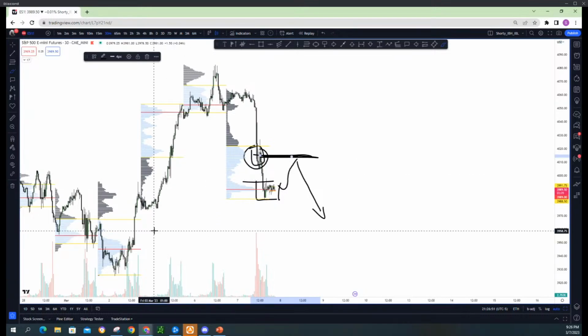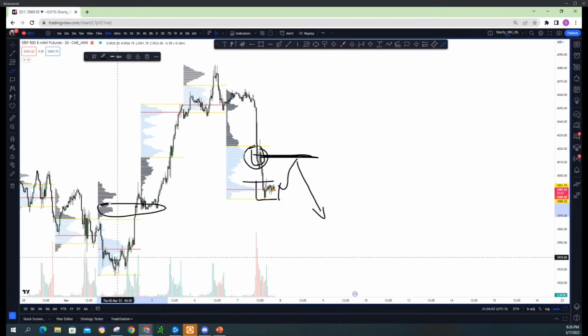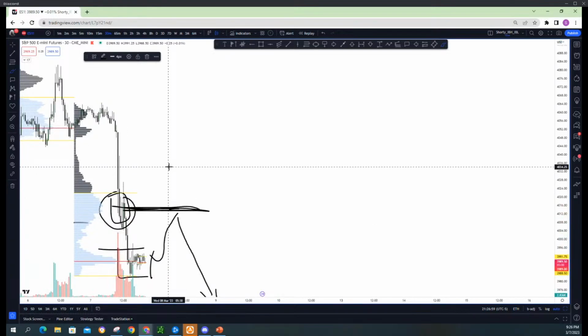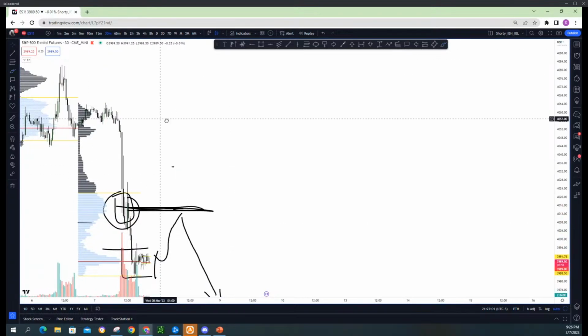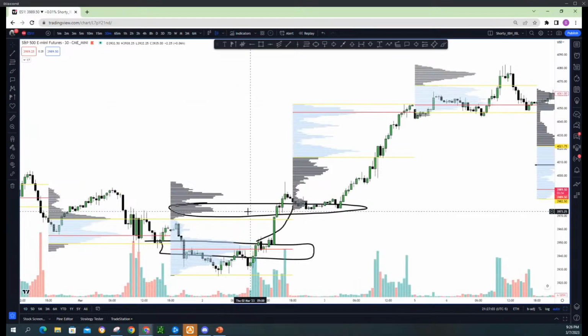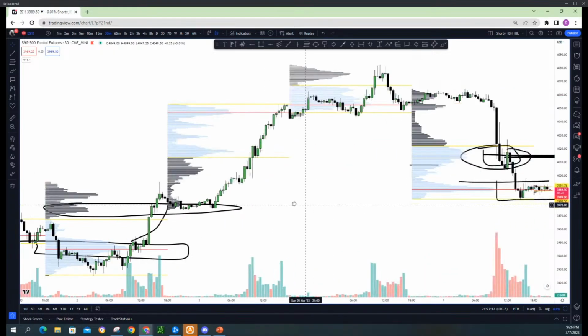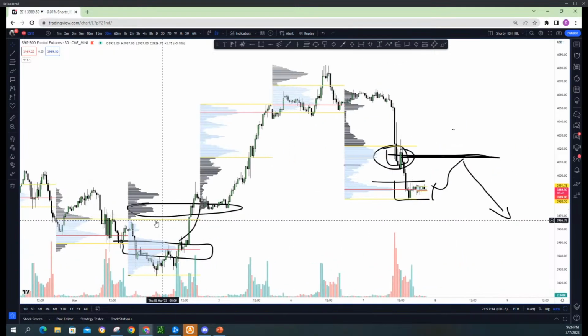Sometimes they trick you, like here. This is a lowercase b, and what did they do? If you guys look, they gave you a look here with a reversal candle, right? And then they stopped you out. So no strategy is 100%. This is your risk management here.